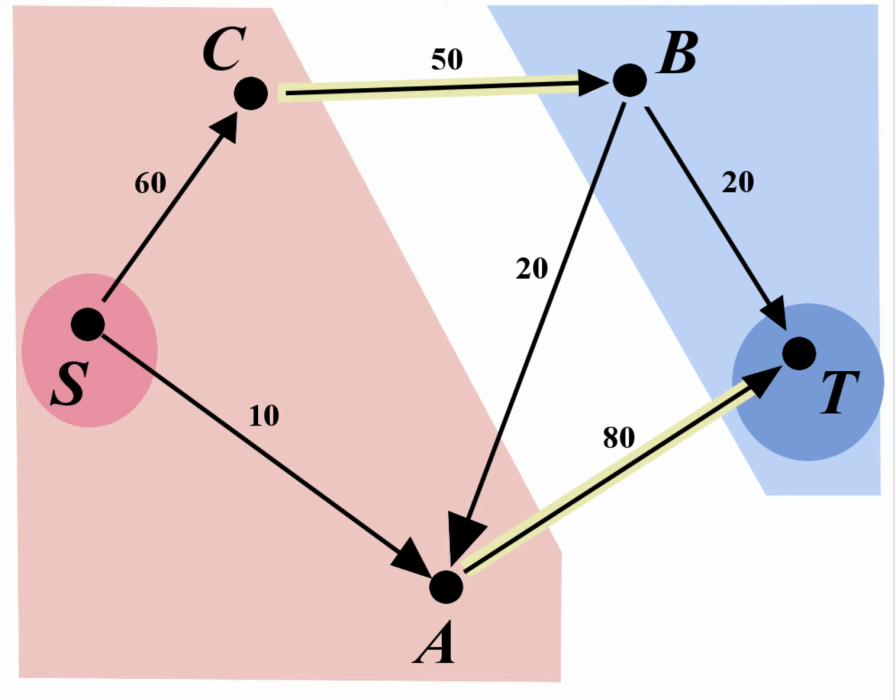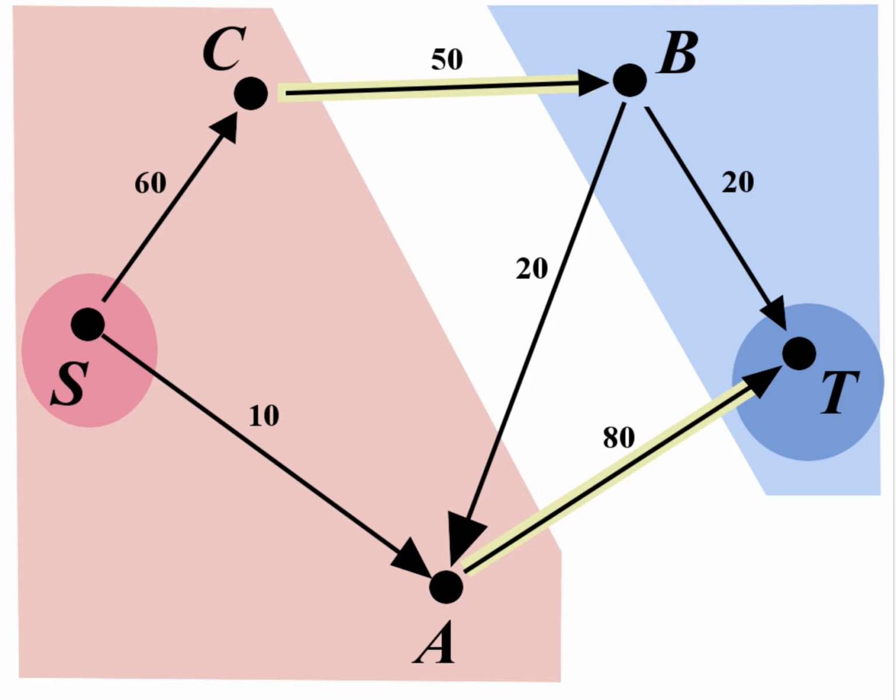So this cut shows us that it is not possible to send more than 130 snails from S to T. We are actually not learning anything new. This was kind of obvious. We knew that it's not possible to send more than 50 snails. Now this cut shows us it's not possible to send more than 30.